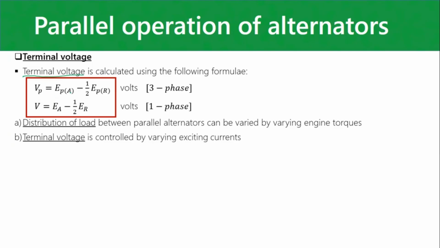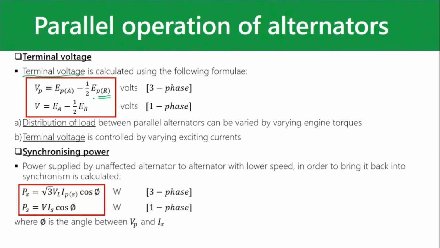Well, that terminal voltage per phase is EPA minus half EPR, the resultant, not EPB. Then we can work out the terminal voltage or the bus bar voltage. And then one more thing we have to calculate, the synchronizing power.